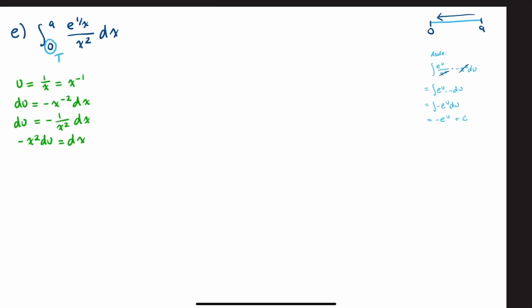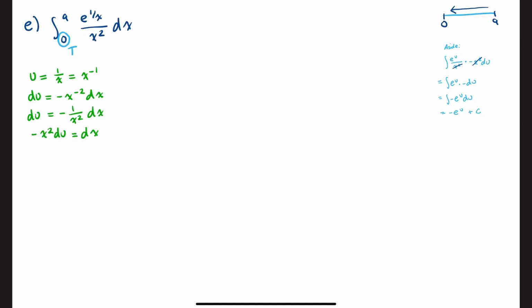So what I'm going to do is replace u with 1 over x. And so this is going to be the limit as t approaches 0 from the right, multiplied by negative e to the 1 over x, which will be evaluated between t and 9.